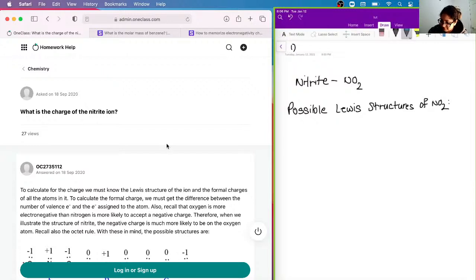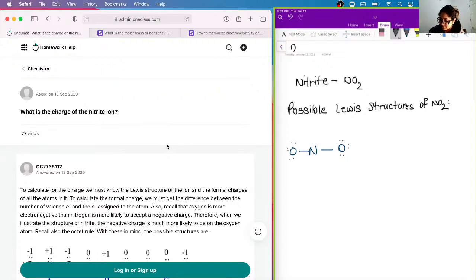First off, let's say we have N bonded with an oxygen, bonded with another oxygen. Okay. And so let's give the number of electrons that we need to assign to each atom. In this case, for oxygen, we'll have 3 lone pairs, right? And the other 2 are bonding with nitrogen.